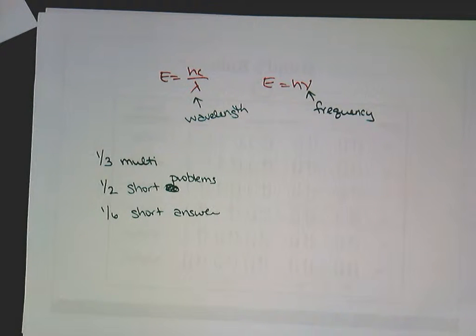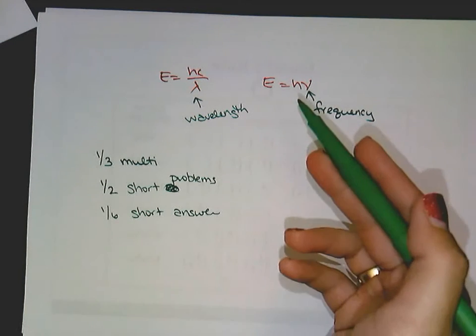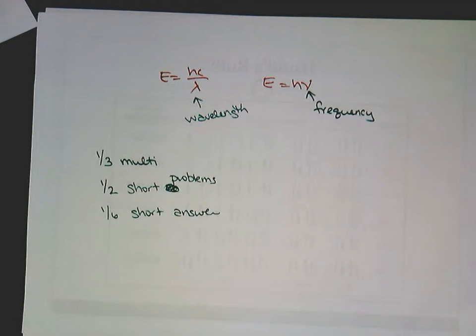Short problems. So those are ones where you're going to show your work in some way. So maybe it's an energy problem, or maybe it's an orbital diagram problem, or maybe it's whatever kind of problem we've been talking about. Number of electrons that could be found in this orbital, right? And then I think there's going to be one, maybe two. I think I decided on two.